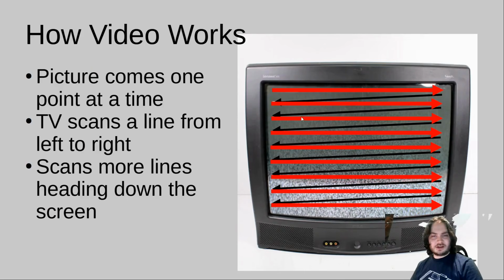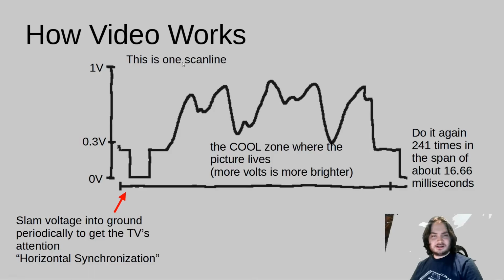For each of these across lines, called the scan line, the voltage goes to 0 for a specific amount of time, and this tells the TV, hey, we're starting a new scan line. After that is a zone in which we have image data, where more volts is brighter, and you do that 242 times every frame, 60 times a second.